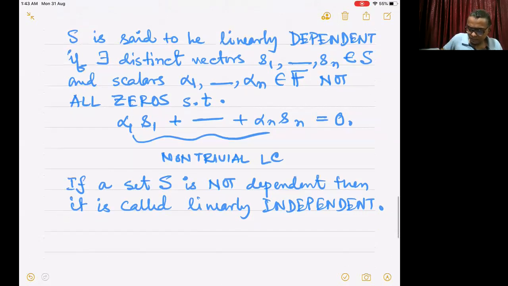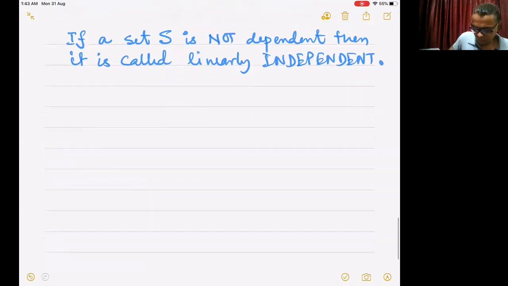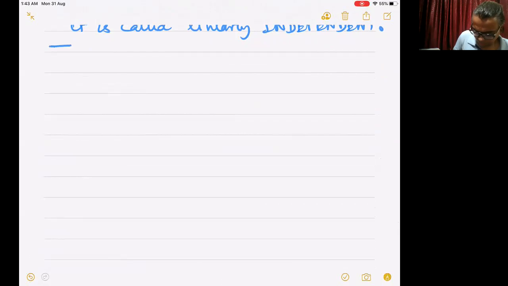So around this definition, let me make some observations which will make this idea even clearer, which immediately follow from the definition.